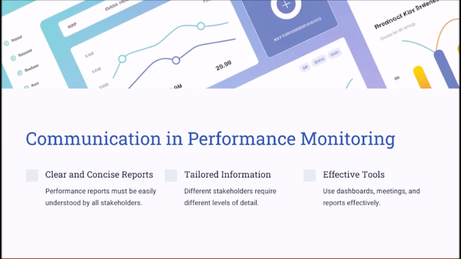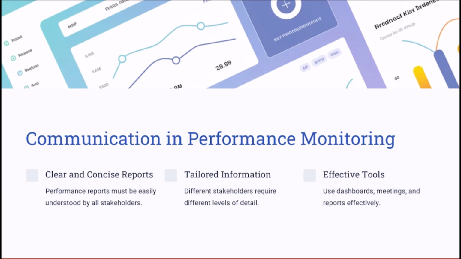How to communicate in performance monitoring. Effective communication of performance data ensures the stakeholders stay informed, and tailoring reports to audience needs enhances engagement and decision making. When you develop these work performance reports, they must be clear and concise.